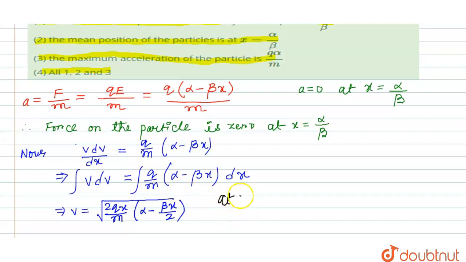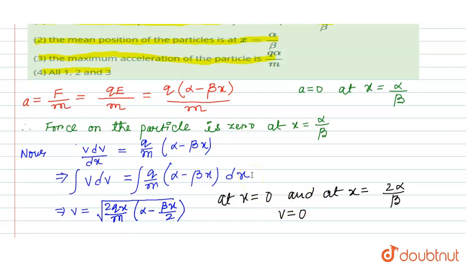So at x equal to 0 and at x equal to 2 alpha by beta, we will get v equal to 0.